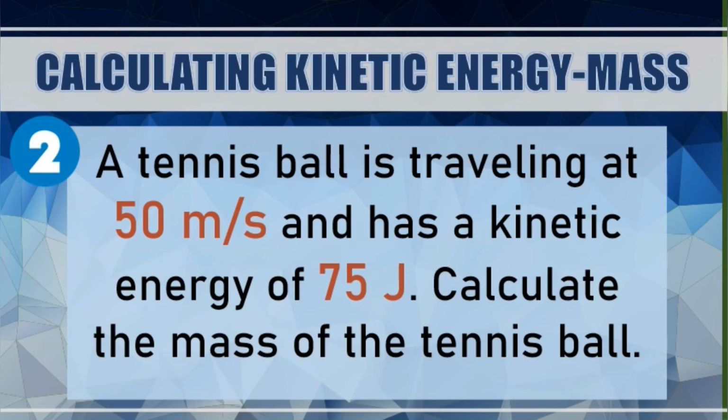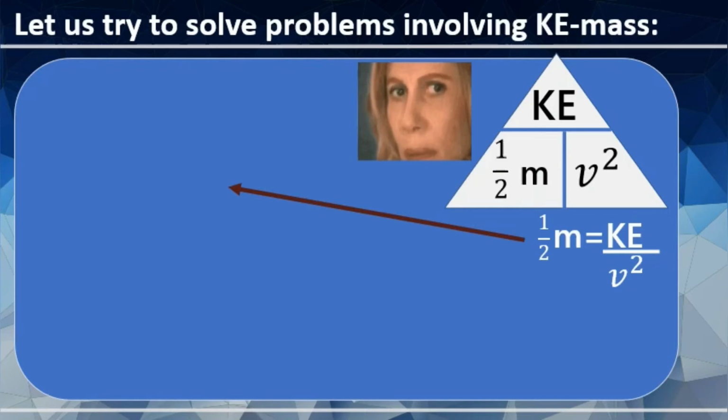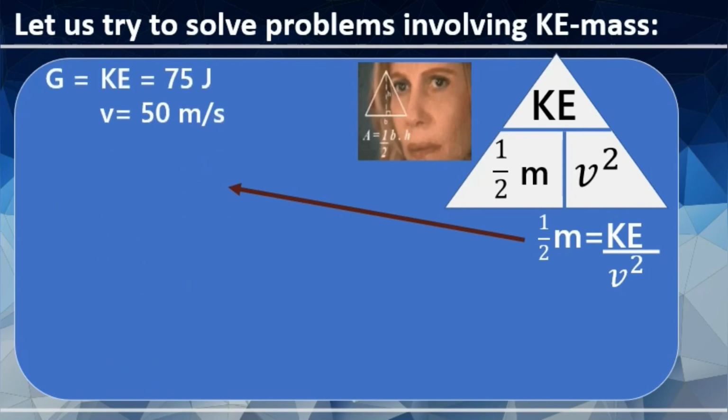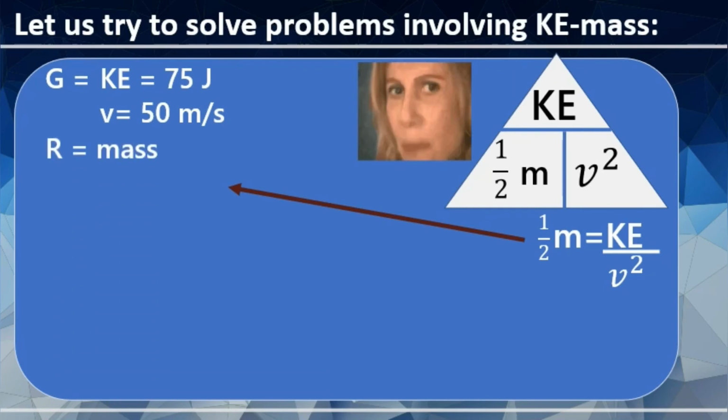Okay, so let us solve the problem. The given in the problem are KE equals 75 joules and the velocity is equal to 50 meter per second. And then again, what is the required? Correct, that is mass.